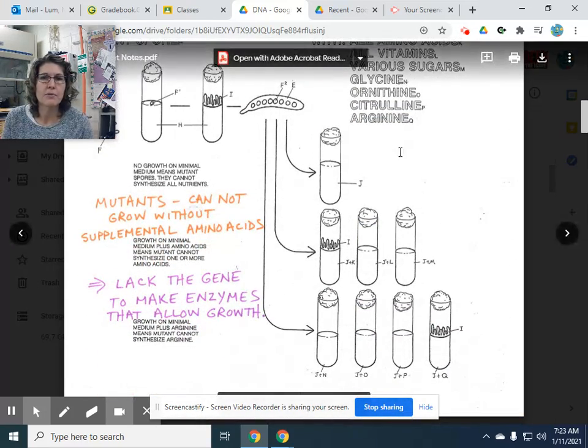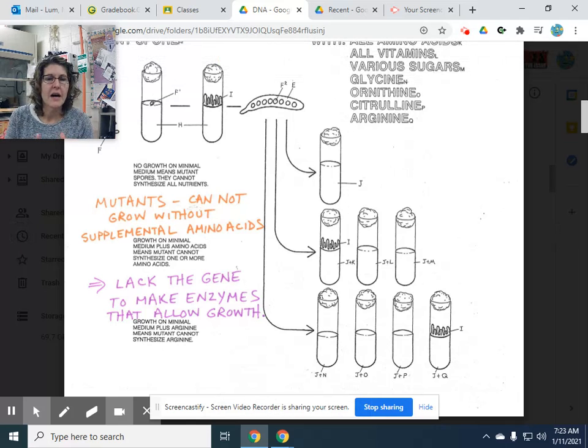So they take this red bread mold and they start putting different things into it and taking away different things. And then what they saw is that mutants cannot grow without supplemental amino acids. Well, we know amino acids make up our proteins, and proteins, or enzymes, are special types of proteins. So if they're lacking something, we can't put these things together. We can't make this string of amino acids to make that particular enzyme.